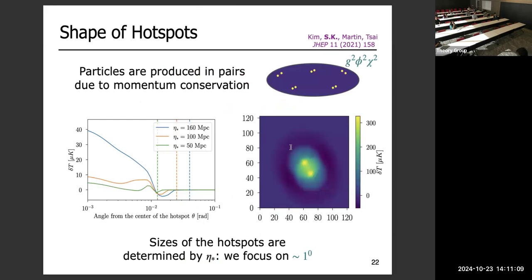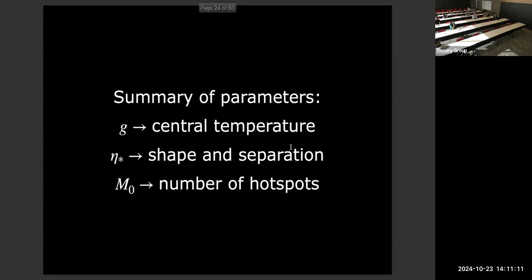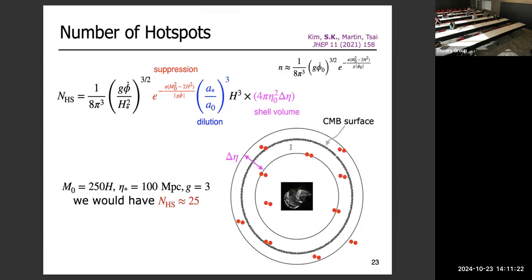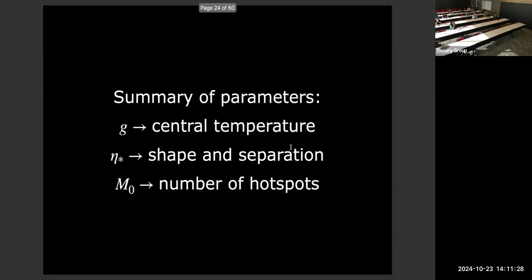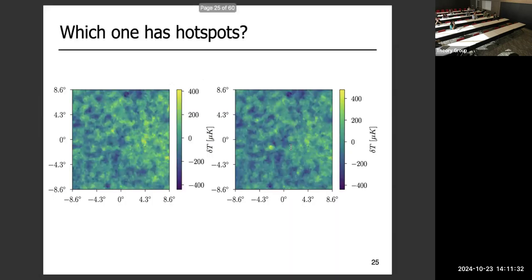In that sense, hotspots are easier to see if you take larger G. Eta star roughly determines the sizes of these spots. And M0 determines how many of them you'd expect, because the total number is exponentially sensitive to M0. So from a search perspective, this is pretty much what you need.